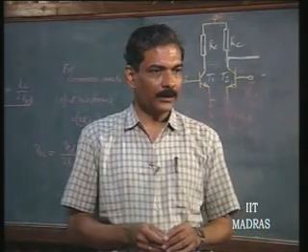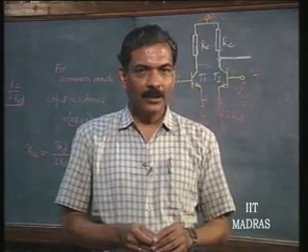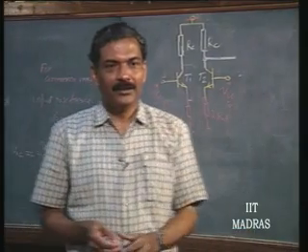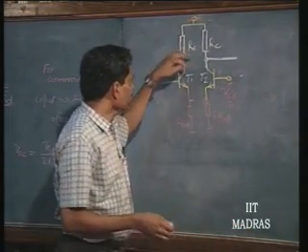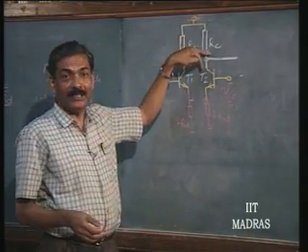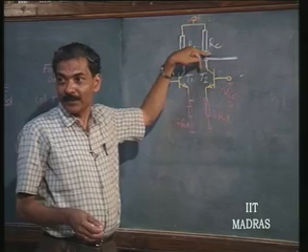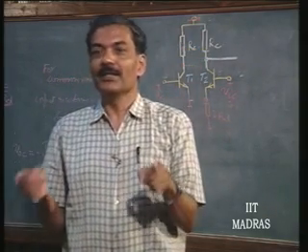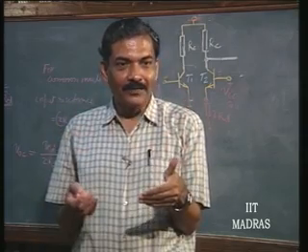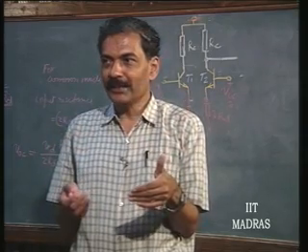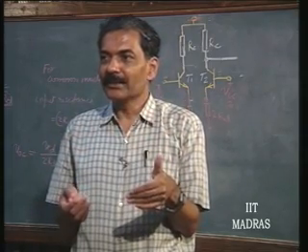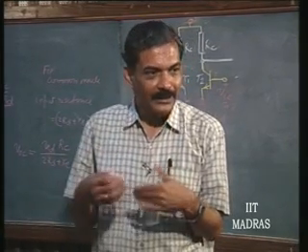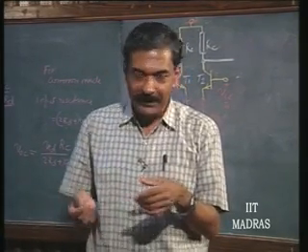Is it clearly understood? Now, if you take the differential output, this output voltage will be in phase with this output voltage for common mode signal. So, the differential output will still be 0, but for a measure of common mode output voltage, it is advisable to use single ended output in the case of a differential amplifier.